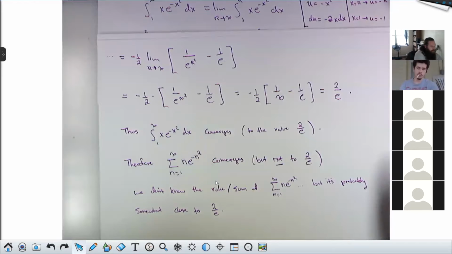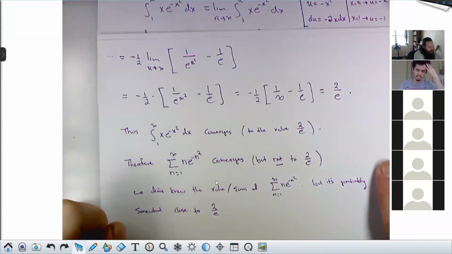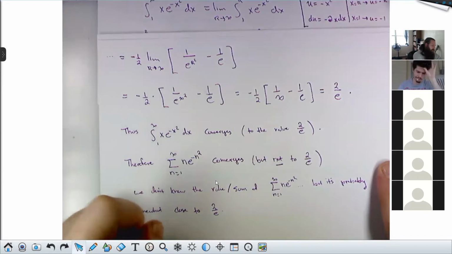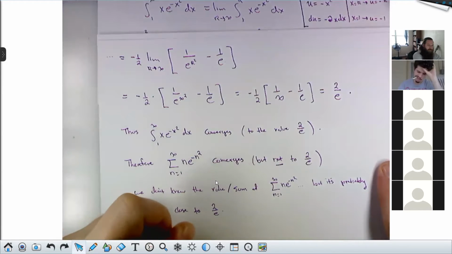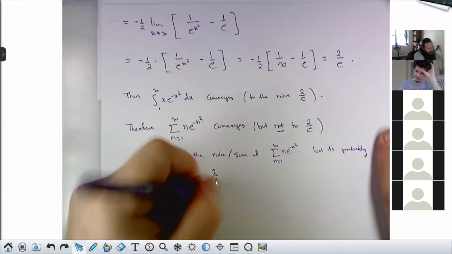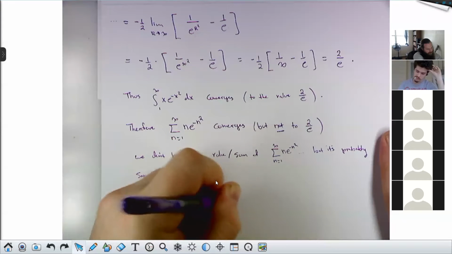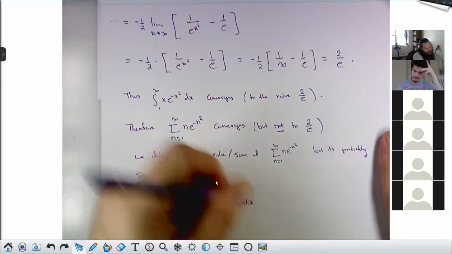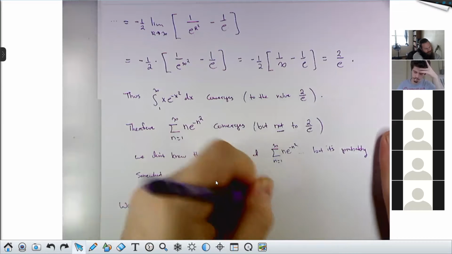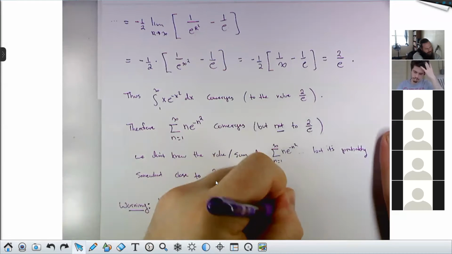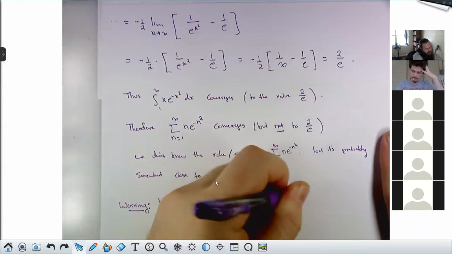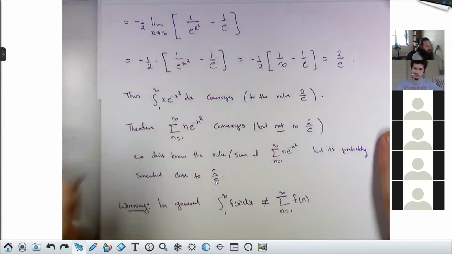The big idea, so make this note. Warning. In general, the integral from 1 to infinity of f of x dx is not equal to the sum, sigma n from 1 to infinity, of f of n.